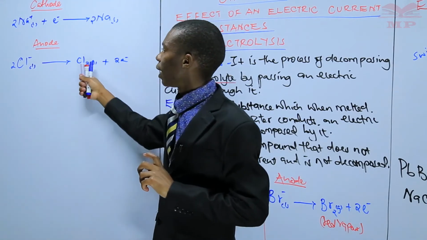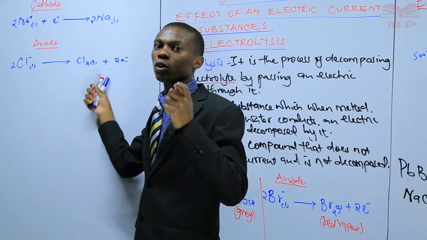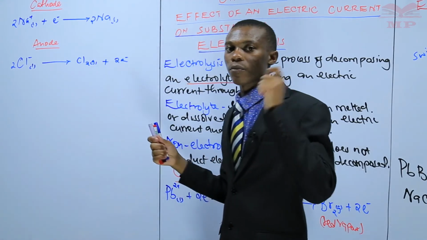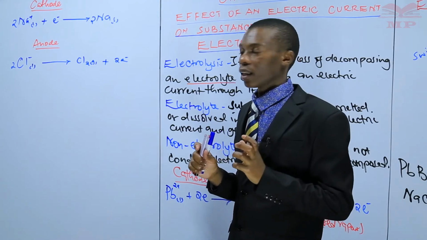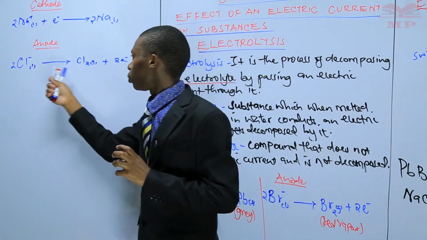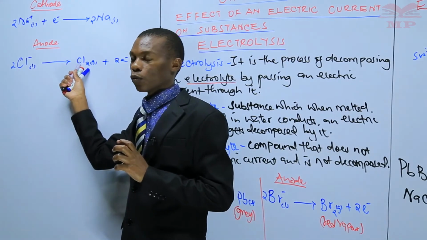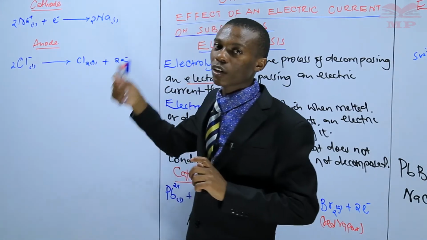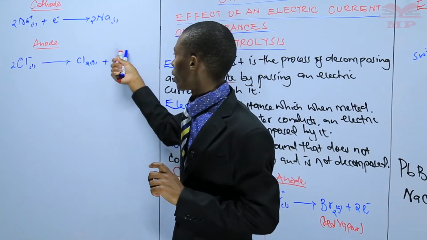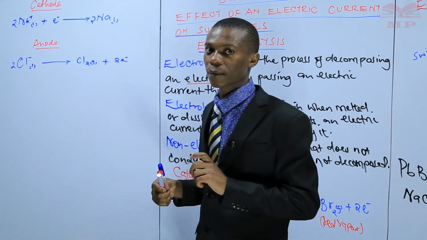But because chlorine will not exist as a free atom, it exists in the form of a molecule. That's why we have 2 atoms of chlorine, each requiring the loss of 1 electron, so 2 electrons are lost.